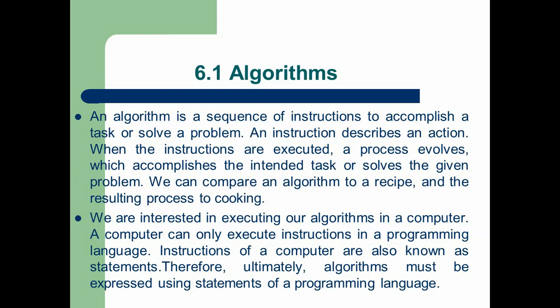What is an algorithm? An algorithm is a sequence of instructions to accomplish a task or solve a problem. In other words, an algorithm is a step-by-step procedure to solve a problem. We develop software using programming to solve problems.